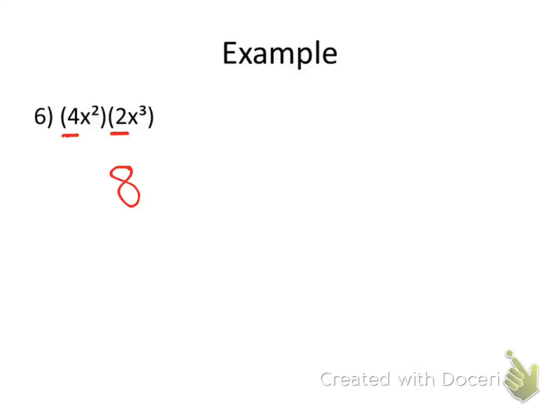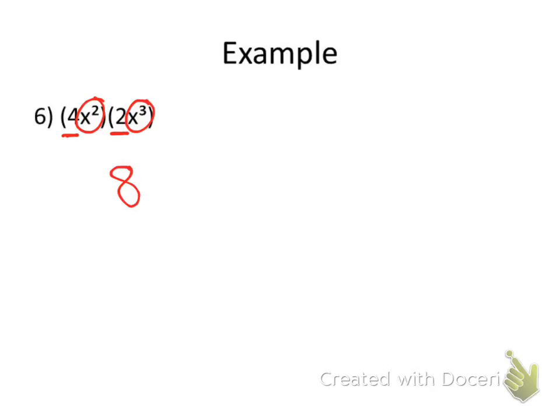For some reason, students want to add those numbers. You add the exponents. That's the trick. 4 and 2 are regular numbers in a regular math problem that are being multiplied like regular, okay? Don't make it harder than it is. Multiply them.